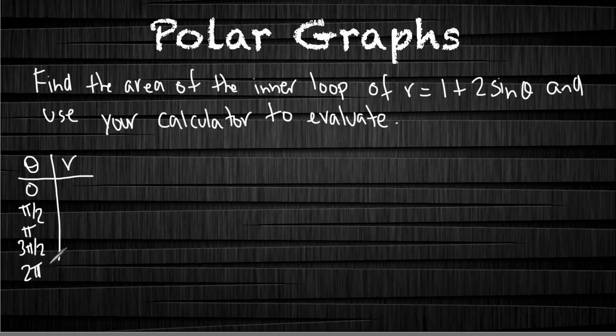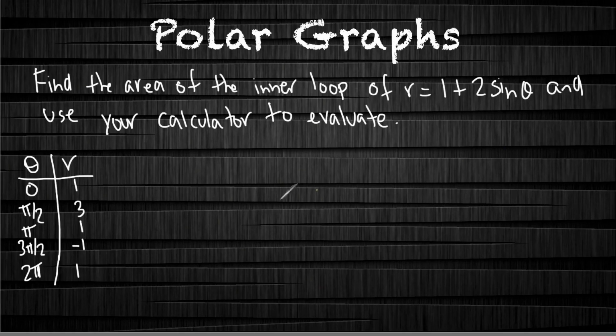I'm just going to give you these answers. When you plug in 0, you get 1; pi over 2, you get 3; pi, you get 1; 3 pi over 2, you get -1. And then 2 pi is always the same as 0, so you get 1.